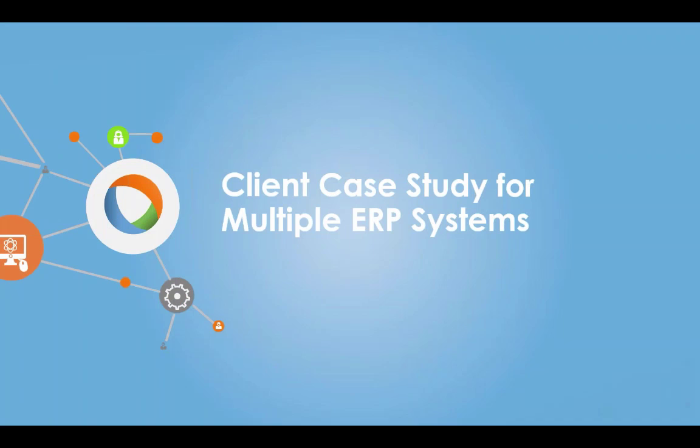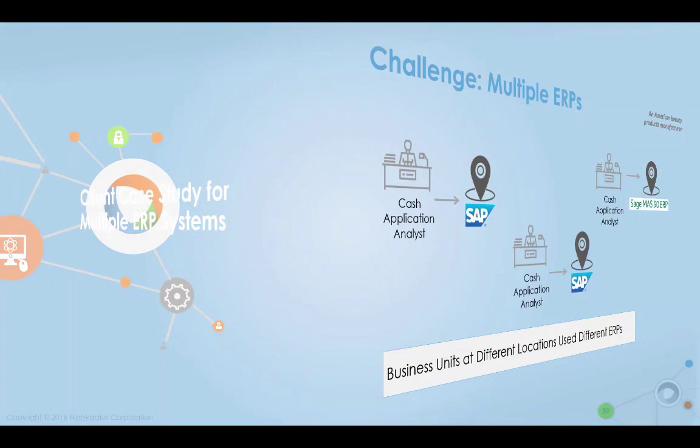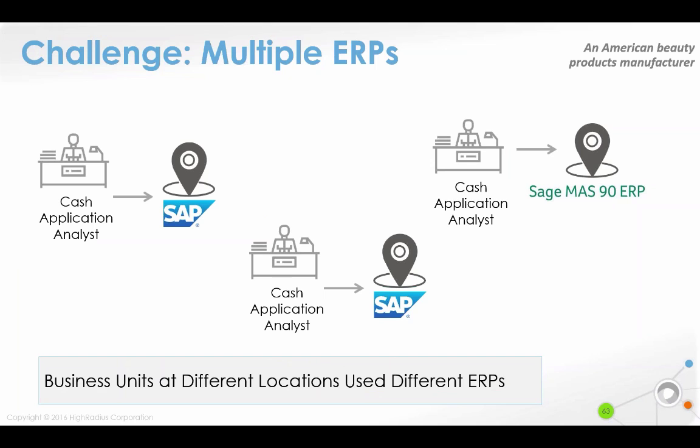So I have another case study. I mentioned earlier another problem, that an issue with the matching was multiple ERP systems. So what do you do when you have more than one system in which invoices reside? This example is an American beauty products manufacturer based in New York, but they also have an international presence.